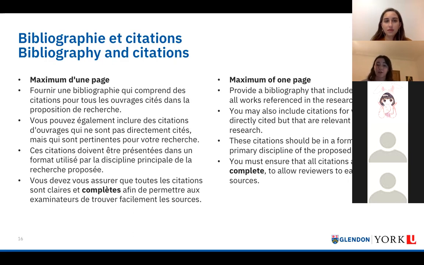It's not everything that you've ever looked at that spoke about this topic, because if someone is looking at your works cited and it's just filled with stuff that's vaguely relevant, it's not necessarily a super good look. Really don't feel that having more sources is automatically better. Just stick with what works for you.